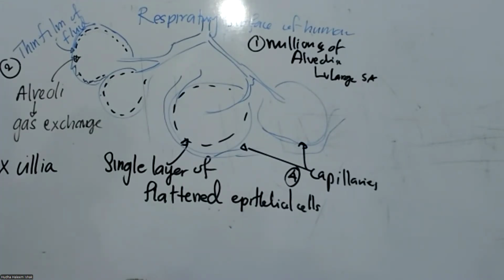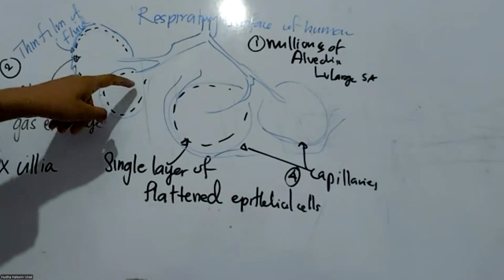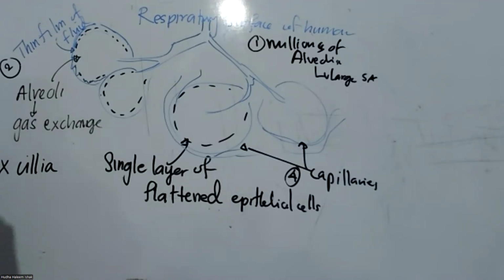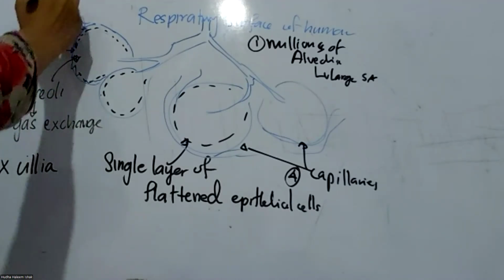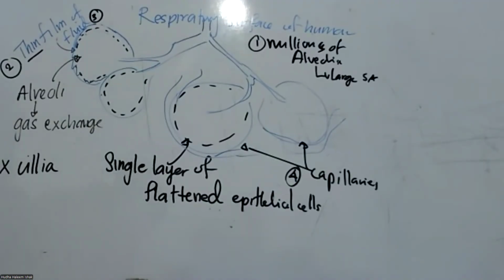So then, what is happening? The oxygen enters into the alveoli, and then dissolves in the moist film of fluid. So we have two main characters here: one, it is thin, and the other one, it consists of the fluid. So the four main characters are completed in the respiratory surface of humans, which is the alveoli.